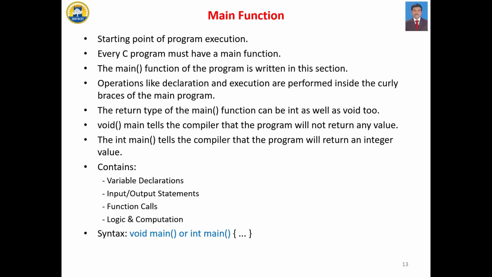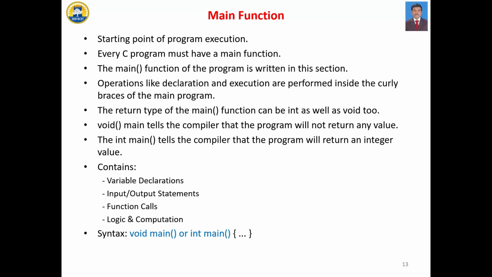Next one is the main function. It is the starting point of program execution. Every C program must have a main function. The main function of the program is written in this section. Operations like declarations and executions are performed inside the curly braces of the main function. The return type of main can be int as well as void.